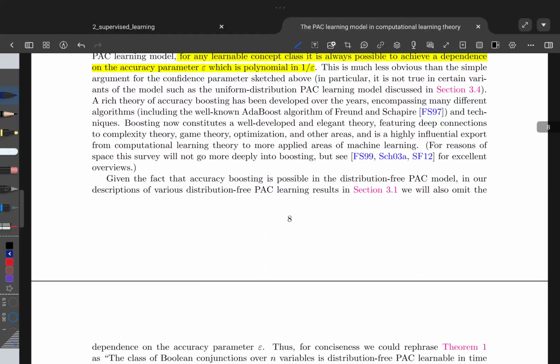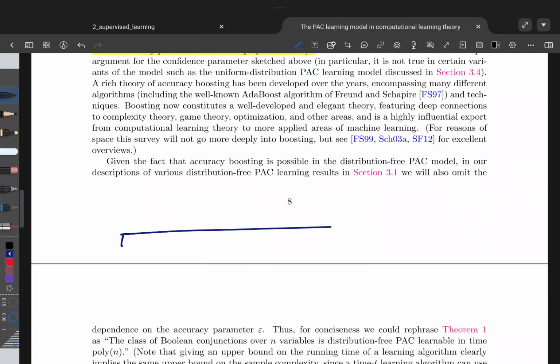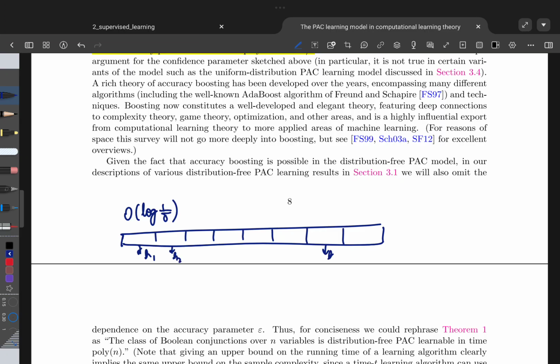All right. So effectively, I have m samples which I split into chunks. Each chunk is of size order log 1 over delta. Now, from each of these chunks, I will generate a predictor. Let's call them H1, H2, up to H m prime. So I have m prime predictors.